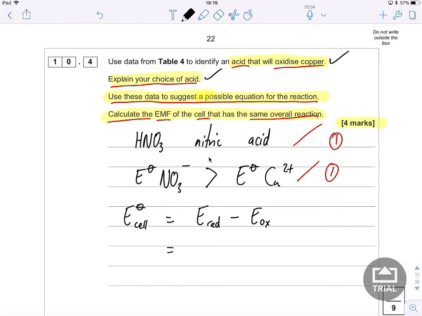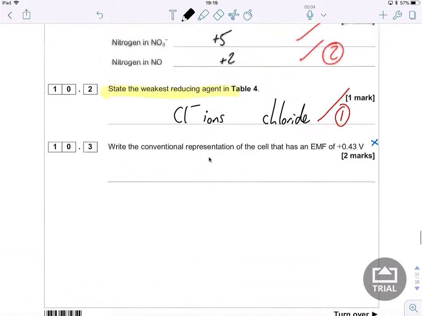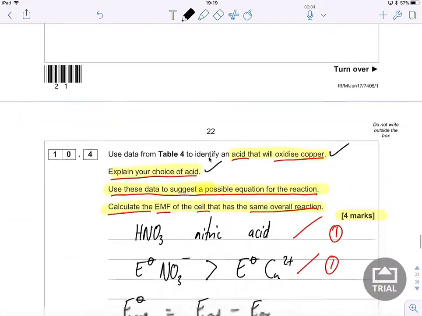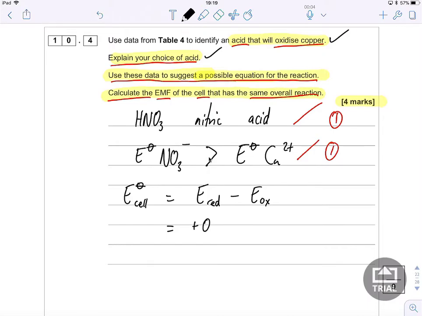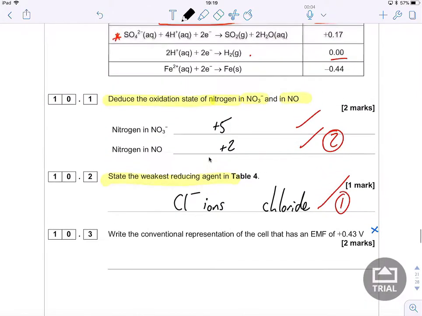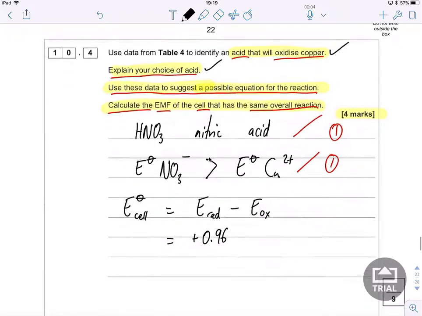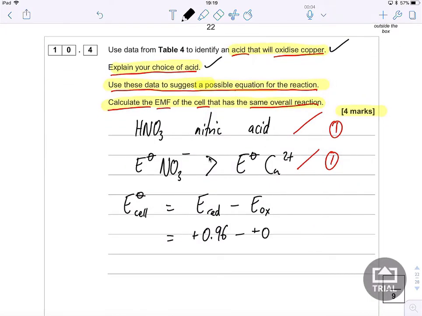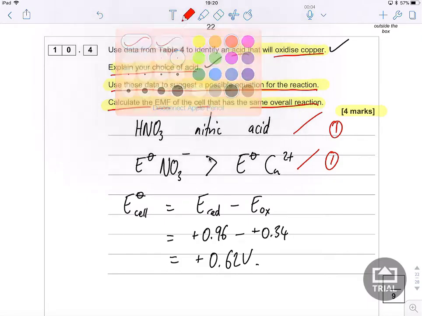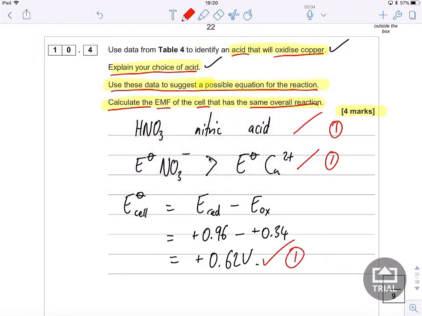The cell that's going to have reduction happening is the NO3- cell, which was +0.96, and then my copper, take away +0.34, gets me +0.62 volts. So that gets me my third mark, and then I'm going to have a go at my next one.